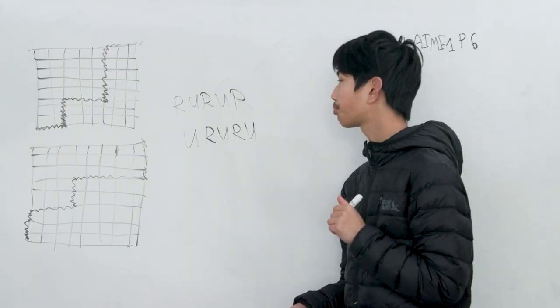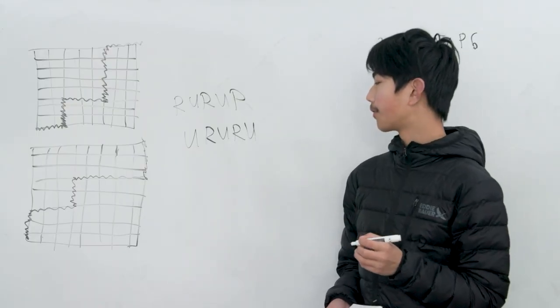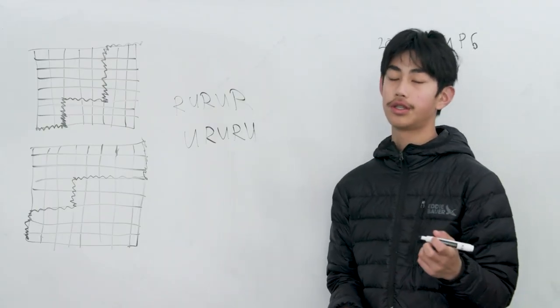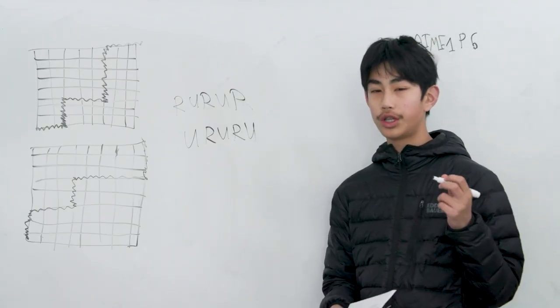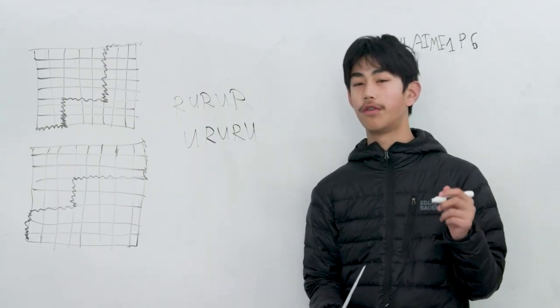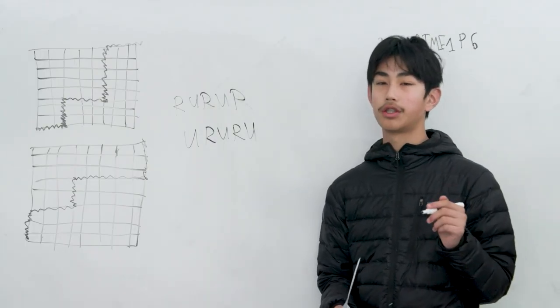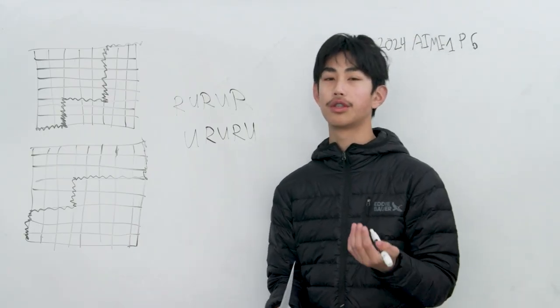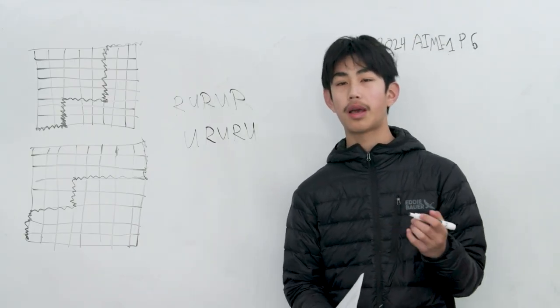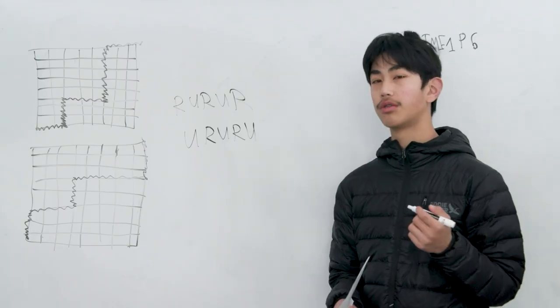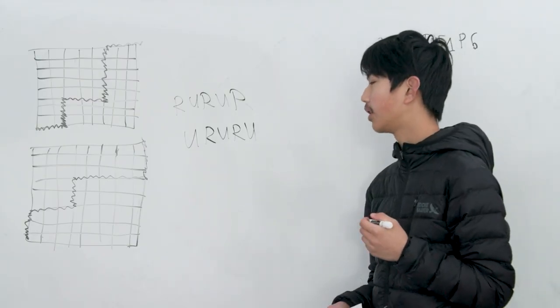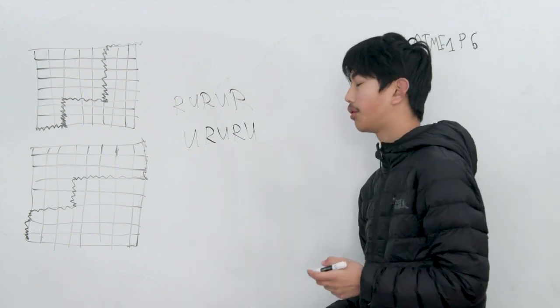So you multiply 2 to our answer. And then for the up cases, we can set the length of the first time the path goes up to A, and then the second time the path goes up to B. It has to go up 8 in total.